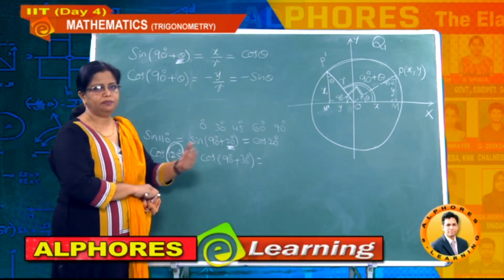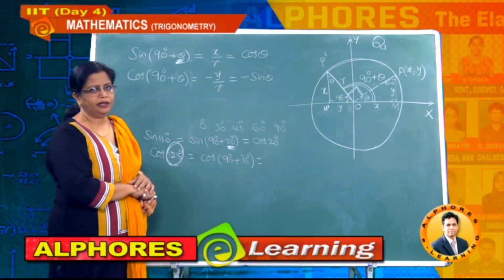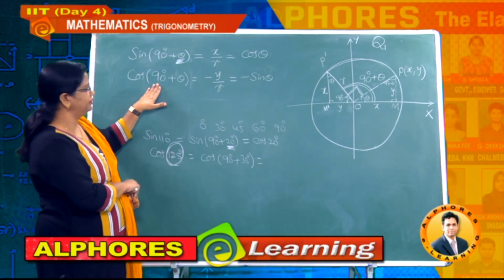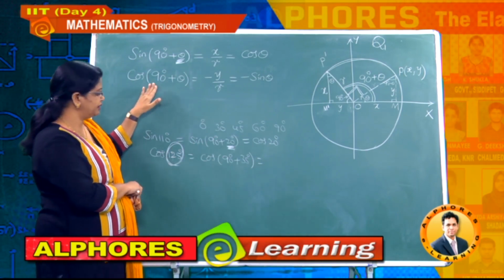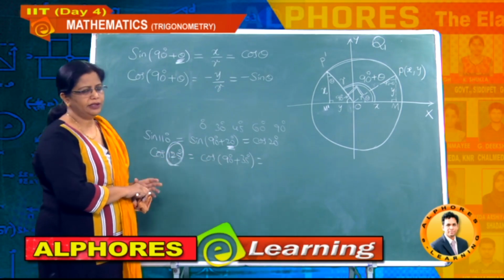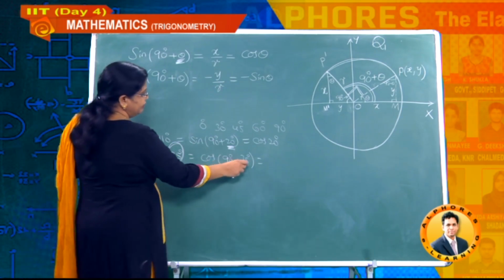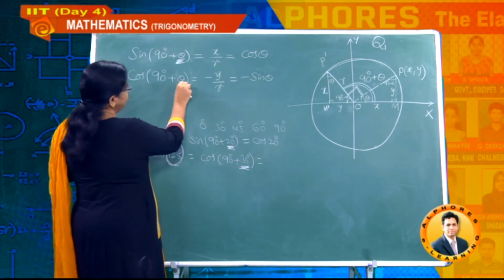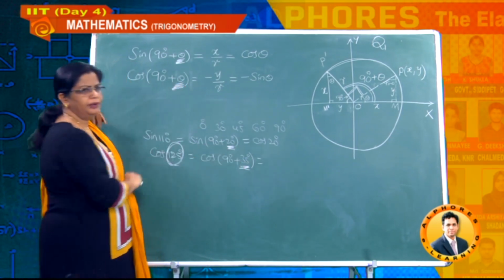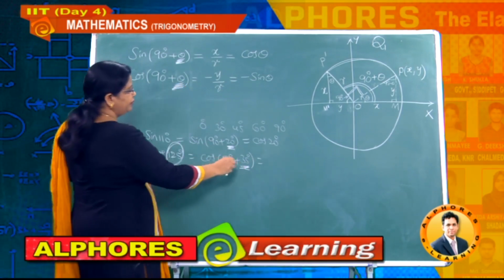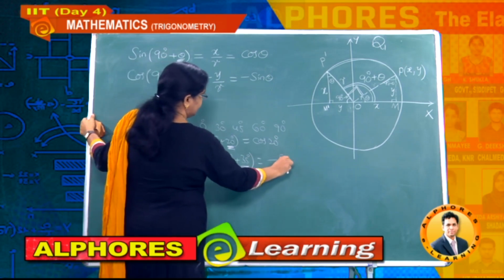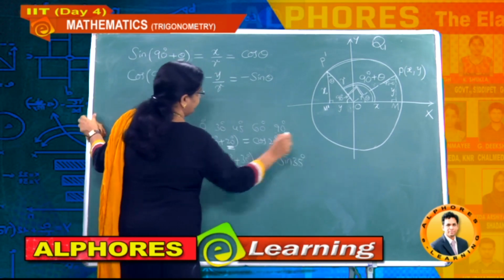Why, you may get a doubt, why only 90 plus? It could be 60 plus or it could be some other value. As you know about these kinds of values, that's why we are writing this as 90 plus. Now cos 90 plus means here in terms of theta you got which value? 35 degrees. Therefore, this is nothing but how much? Minus sin 35 degrees.